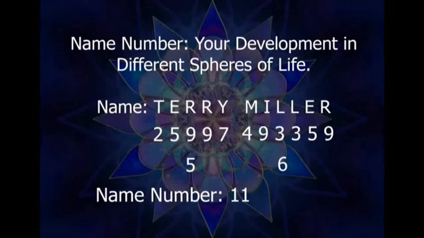Now we have another number that provides the basic sketch of the developments in your different spheres of life, and also a sketch of your character, and that is the name number, which is also known as the expression number. For the name number, you can just arrange all the alphabets of your name and put the numeric values of the alphabets below that, add and reduce the total to a single digit, unless you encounter a master number.